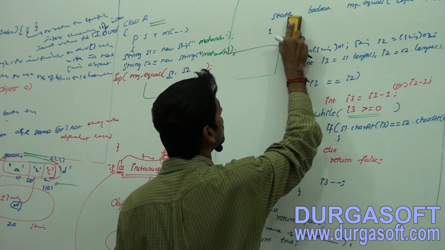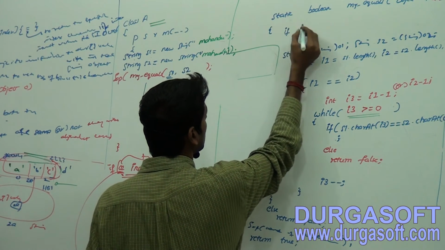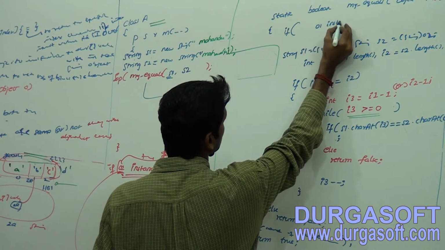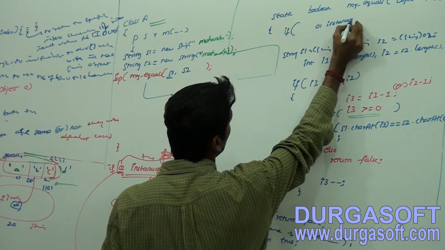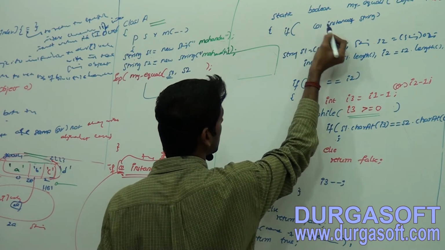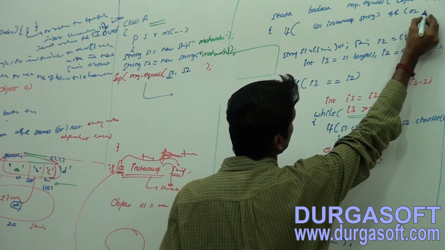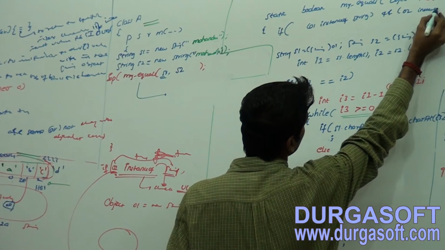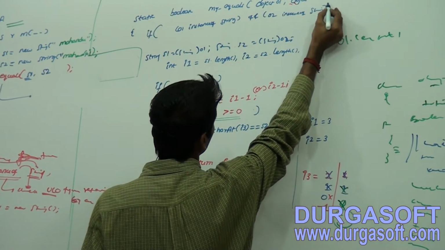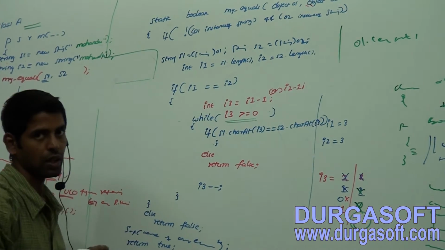Observe. If O1 instance of string, okay, O1 instance of string, and O2 instance of string, okay, perform the Boolean complement operator.